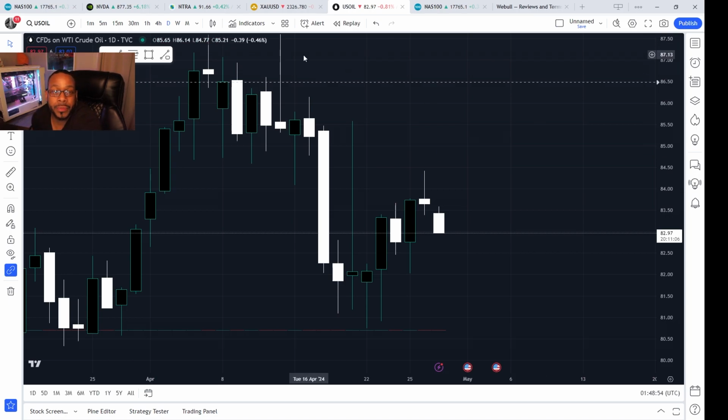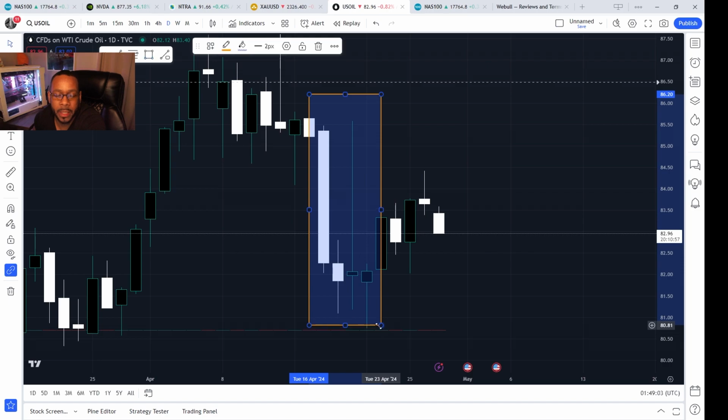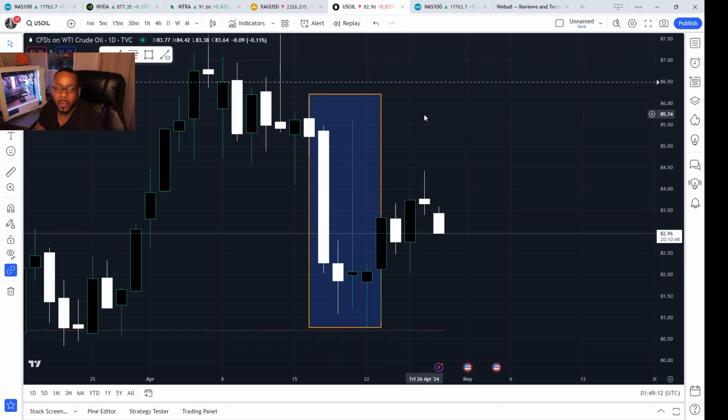Okay, for oil, let's look at our daily range. Oh, this is the new one. This is our new range. Dang. Oops. Almost made it. All right, there you go. So this is our new daily range. I'm sure we had it marked all the way up to here last time. Like I told you last week, this imbalance is cleaned up.